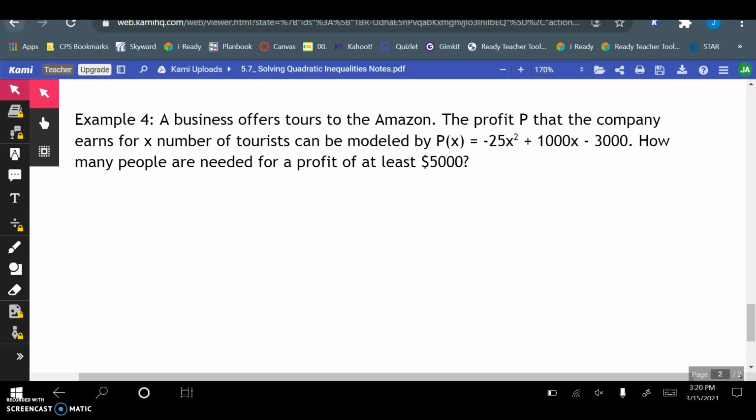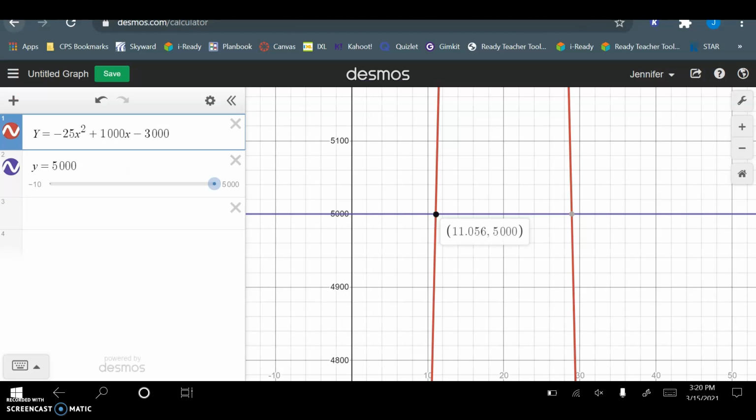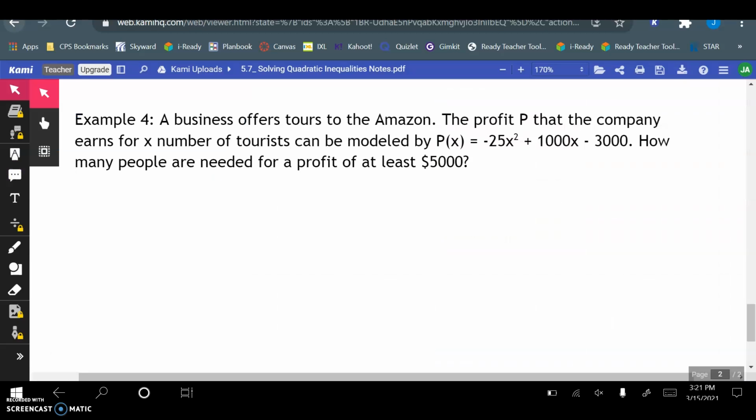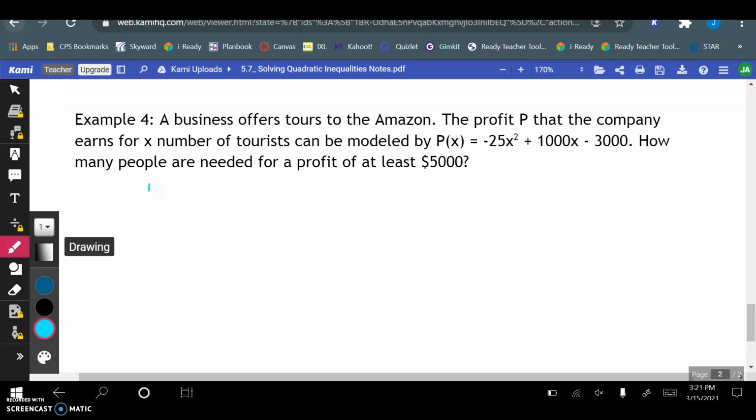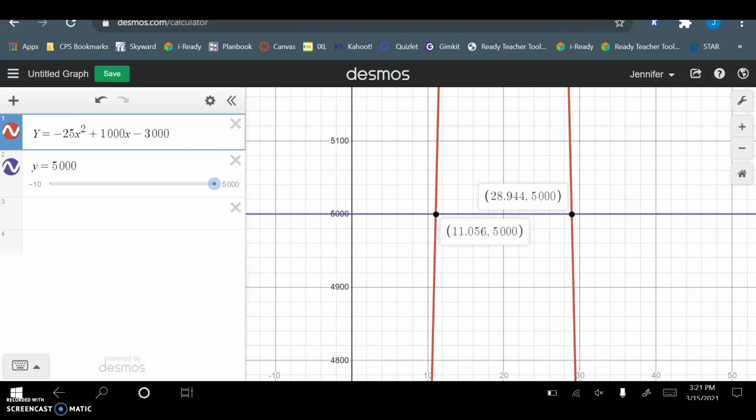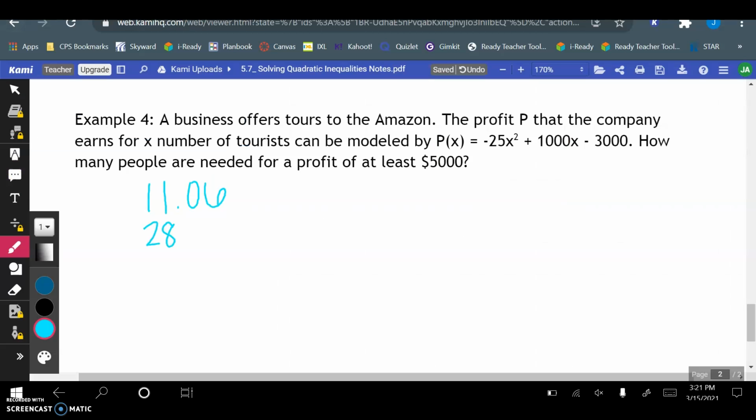So I took that and I plugged it into the Desmos graphing calculator, and I zoomed in on where they cross. And when I touch on the point where they cross, the x value is about 11.06, and the other one is 28.94. So go back here. We have 11.06 and 28.94.